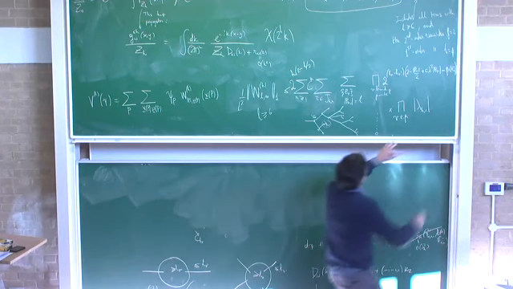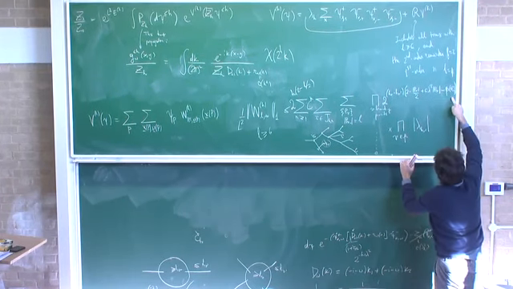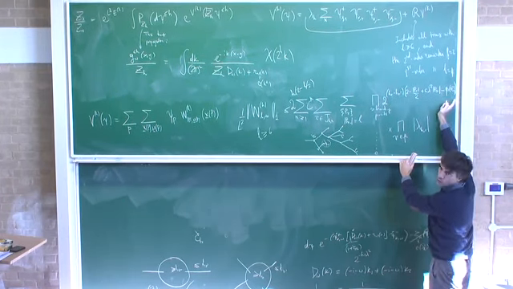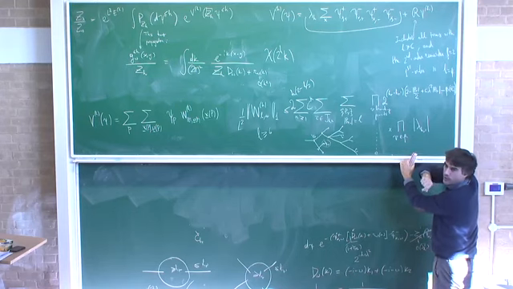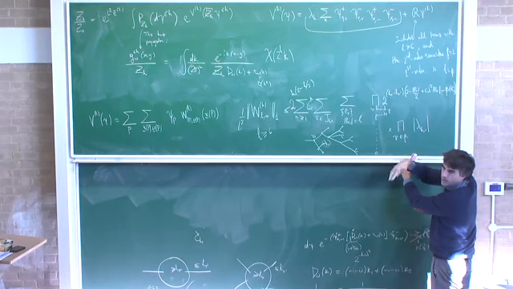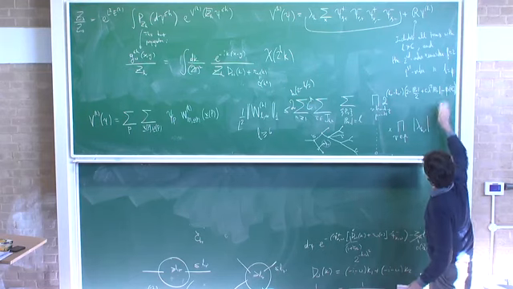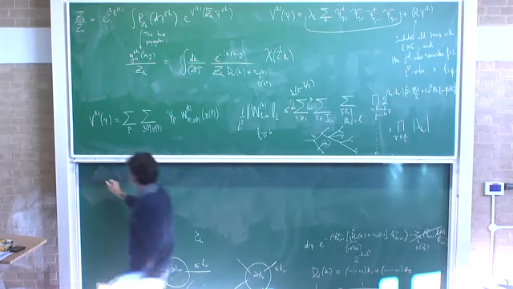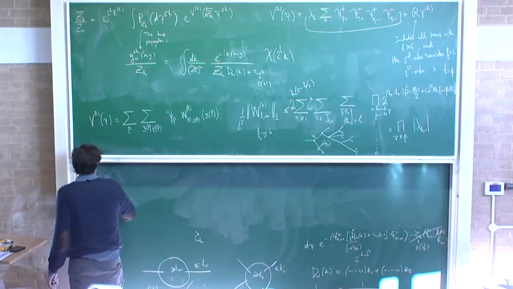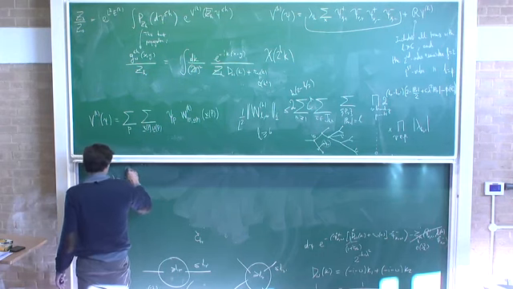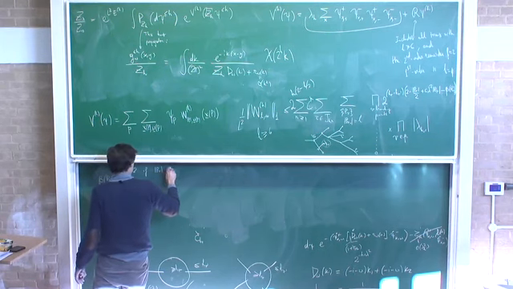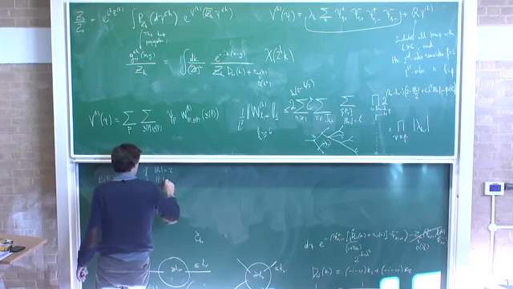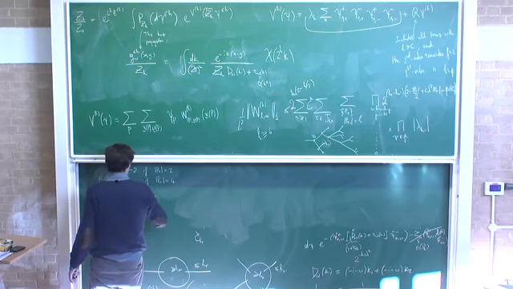What are these beta PV? These beta PV are these -1 or -2, the gains that we were obtaining for the remainder with 2 legs and the remainder with 4 legs that we discussed before. So this beta PV is equal to -2 if PV is equal to 2, -1 if PV is equal to 4, 0 otherwise.